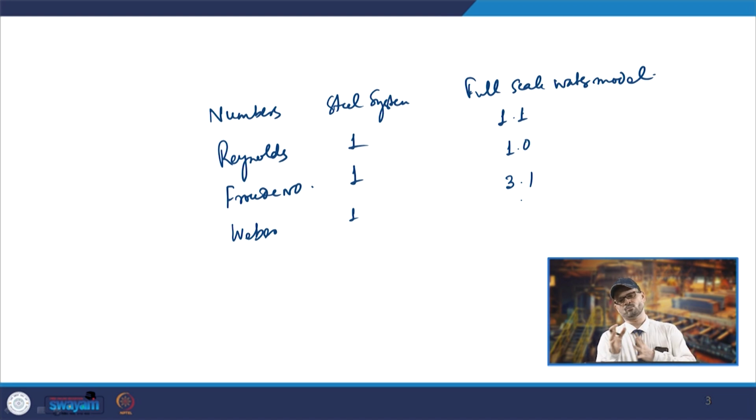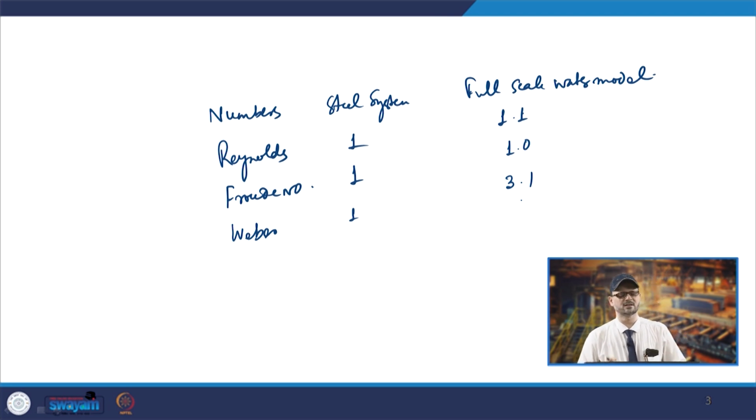You have an expression for that, and for the full scale water model that ratio, if it is 1 in the steel system, comes close to 45 in the water model.